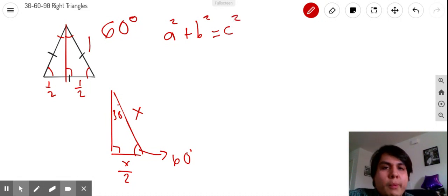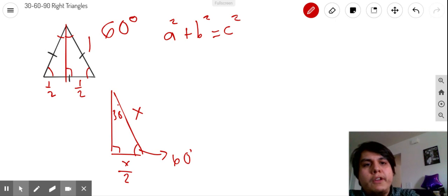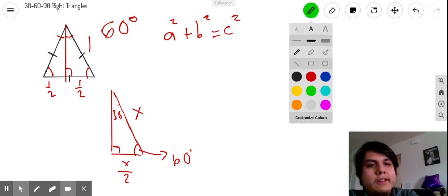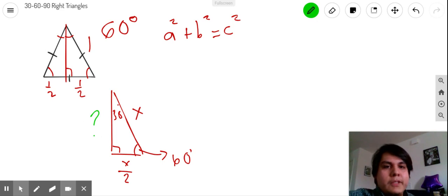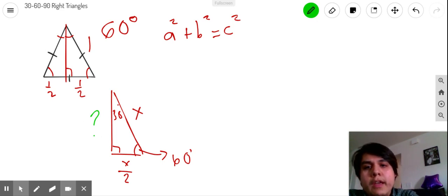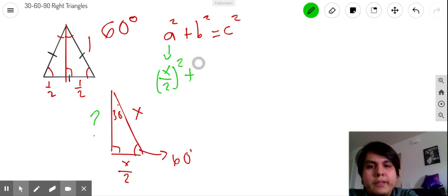We have two sides, and we're trying to figure out this third one over here, which, because I upgraded, I now have more colors. So let's make it green. If I let this be x divided by 2, and I square it plus b squared, that should equal x squared.